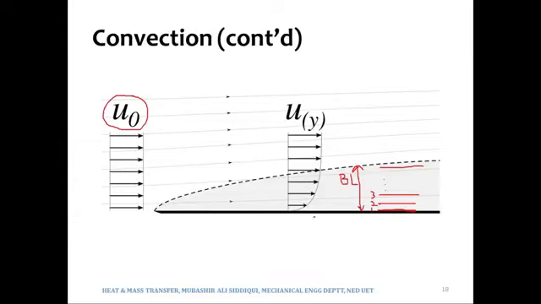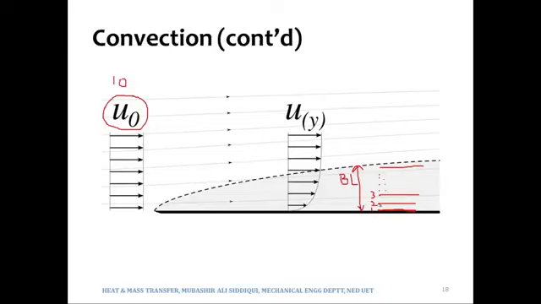I have just mentioned that if we go far away from the plate, the effects of the existence of the plate will be minimized, and the velocity will keep on increasing from 0 to 0.5 to 1 to 1.5 to 2 to 3 meters per second to 5, and then ultimately it will reach about 10 meters per second, if we consider this u naught as 10 meters per second.